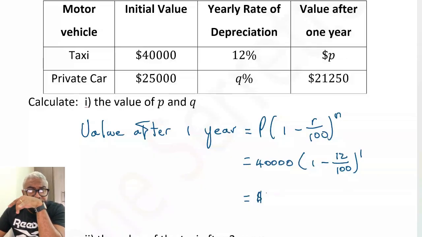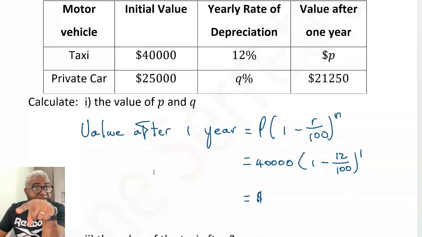When you punch in this, you get 4,800. I get 3,520. For the first step, if you just find 12% of 40,000, you're going to get 4,800. That is what I said previously. But when you take away the 4,800 from the 40,000, that is where you're using this formula. You're going to get the final answer, which is 35,200.